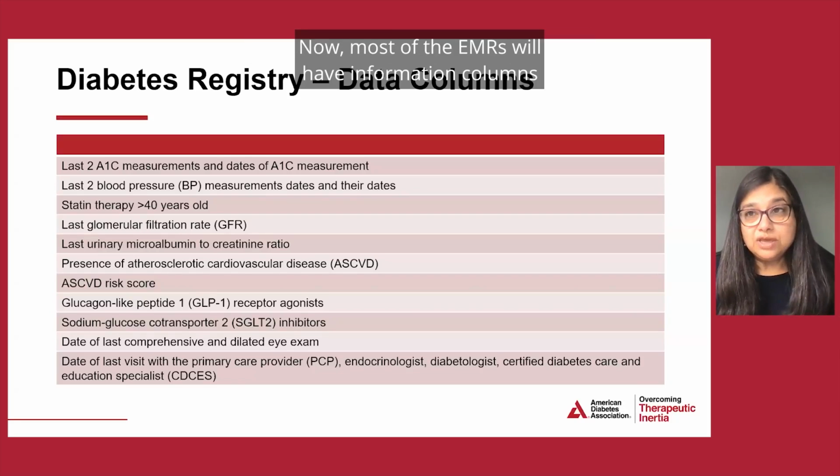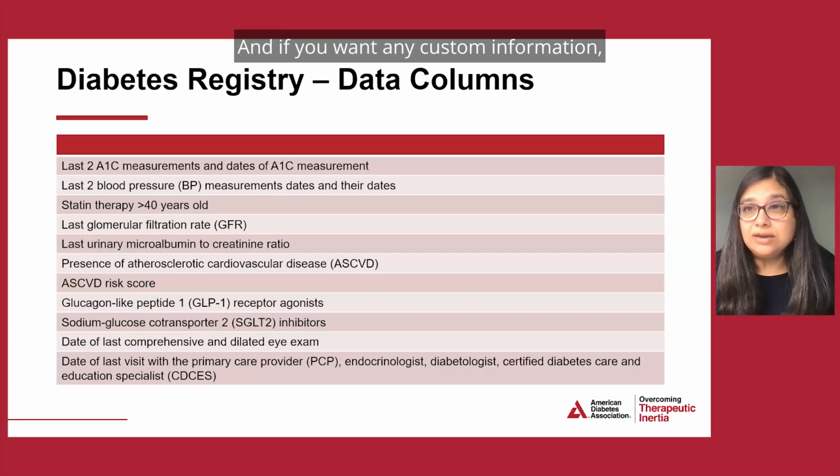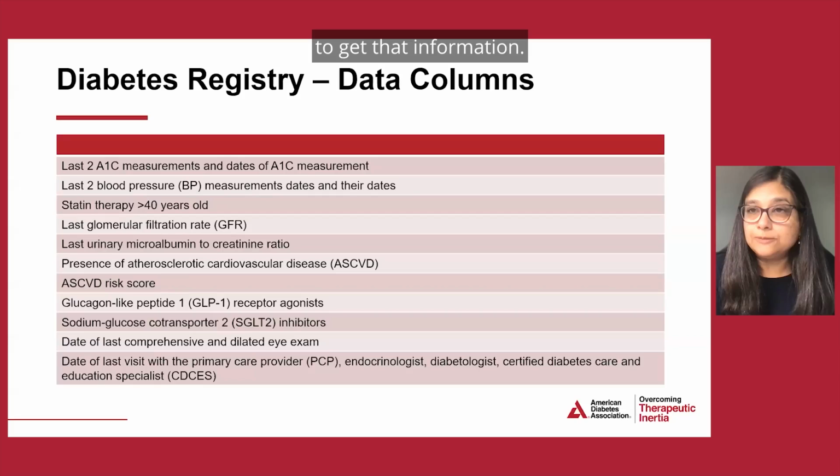Most of the EMRs will have information columns readily available, and these can be pulled into the report. And if you want any custom information, then you can work with your EMR partners to get that information.